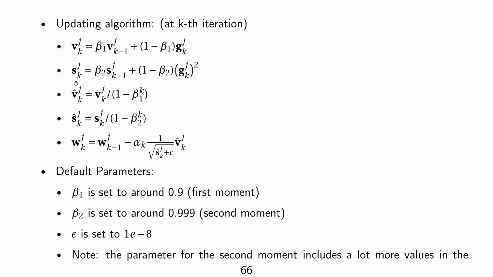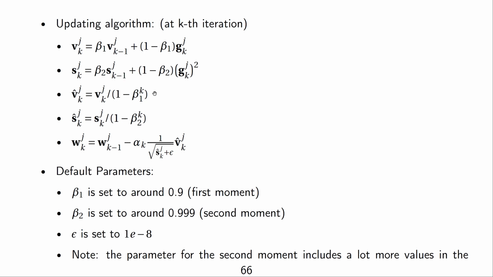So this part here is identical to RMSProp. This s is a variable that keeps this exponentially moving average of the gradient squared. So it's beta 2 times whatever the old value was, plus 1 minus beta 2, and here again we see the gradient where each component is squared.